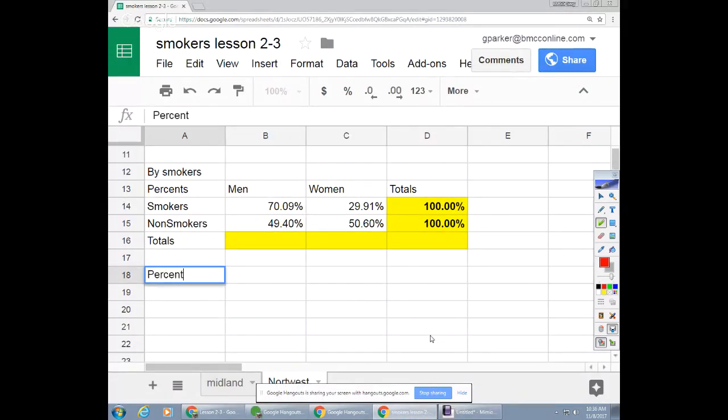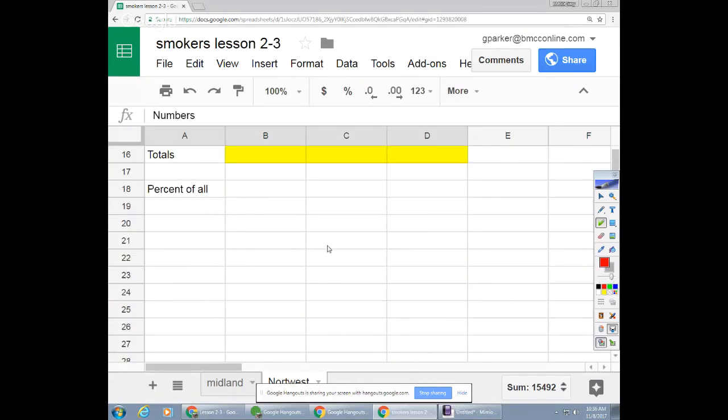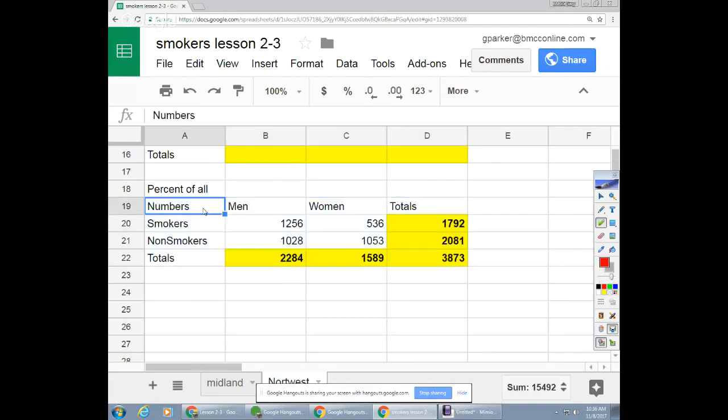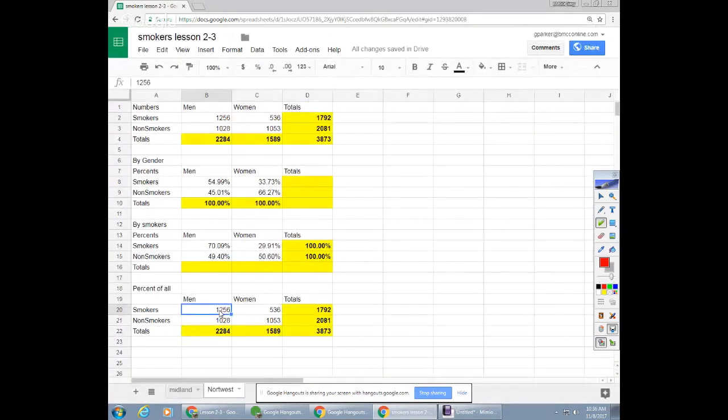So percent all. Let's see. It's down here. Look at that. All right, so let's see. I want to zoom out a minute to do this. So I just want to rewrite these numbers here.